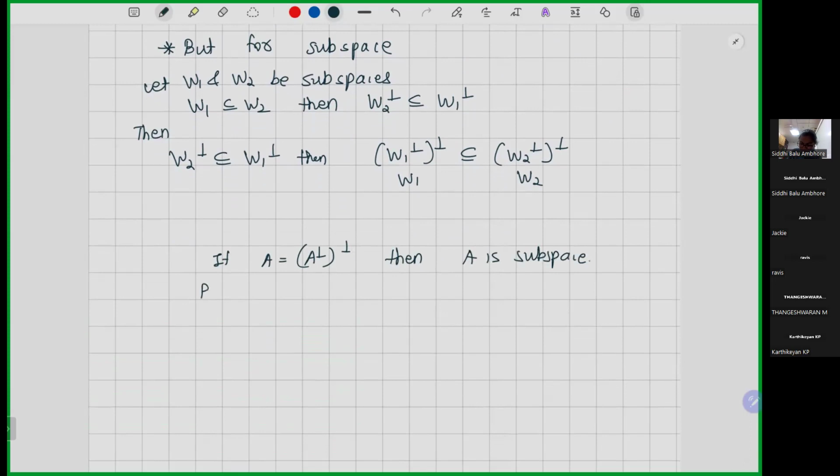But the question is whether, if A is a subspace, then A is equal to A perp perp.